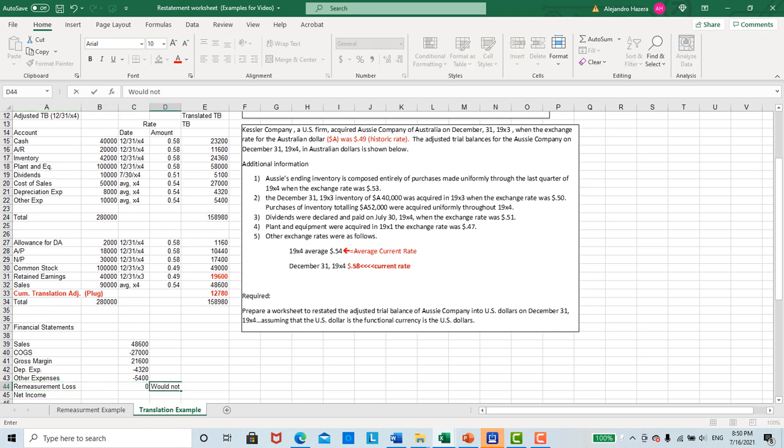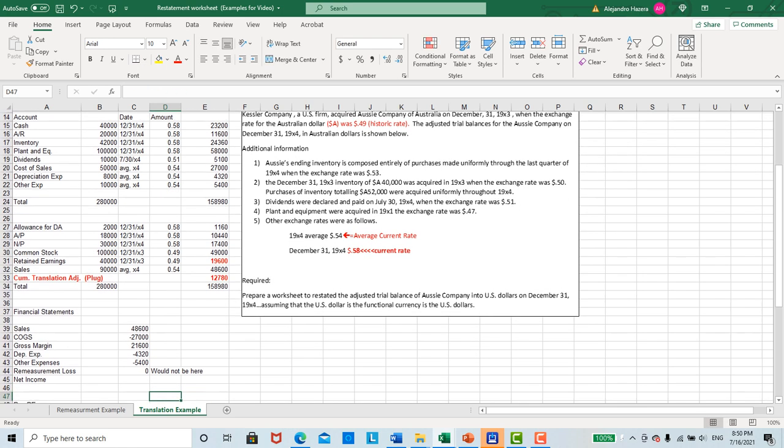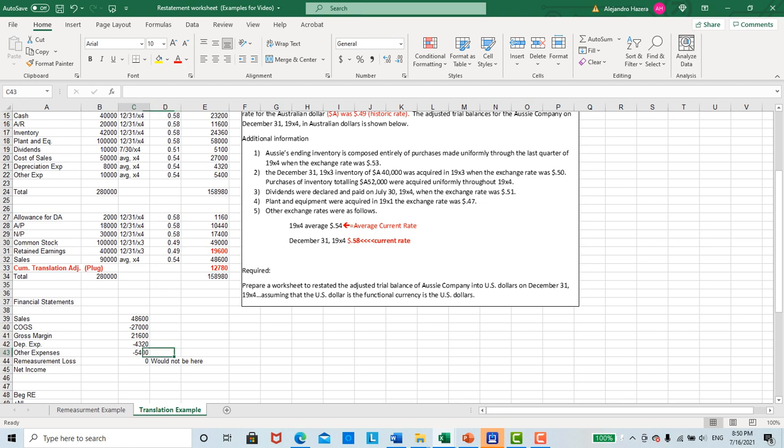You wouldn't even put it there. What you would have is your remeasurement loss, but this is not remeasurement, it's translation, so the adjustment is the translation adjustment. It's going to go on the balance sheet, so it would not be here.